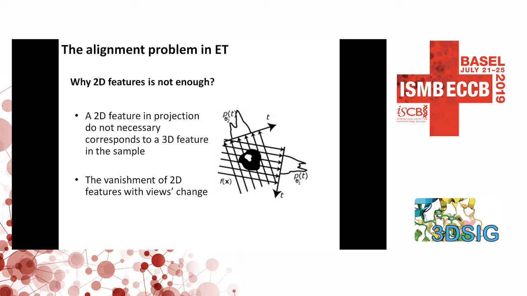This is an example. We get a projection in this direction, and we get a function like this. But if we totally change the direction, we get a function like this. We cannot relate this to this. This is the problem. This is why 2D features or cross-correlation techniques do not work so well, because the 2D does not necessarily correspond to the 3D.